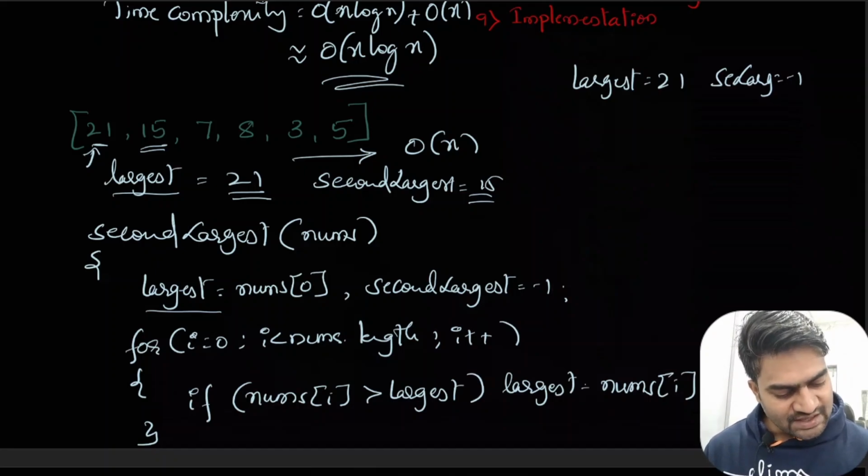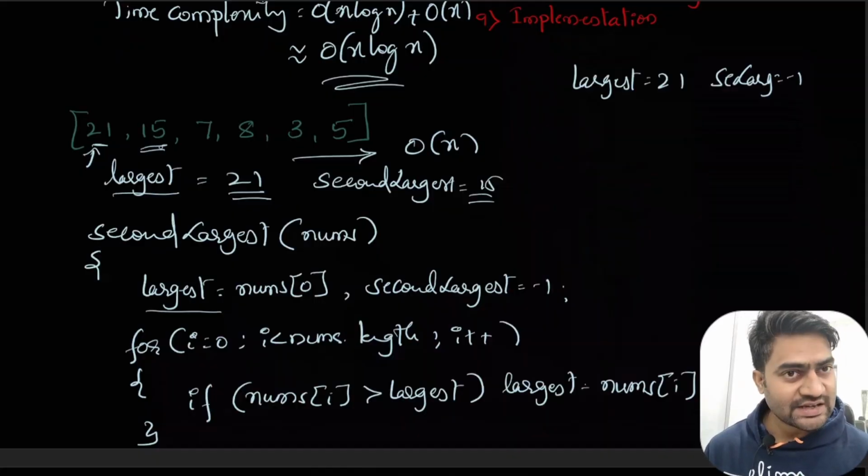So nums of i is 21, which is already the largest, so it continues. Now it will take 15. Is 15 not equal to 21? Yes, that is correct. It is not equal to largest, and it is greater than -1, so it will update my second largest as 15.